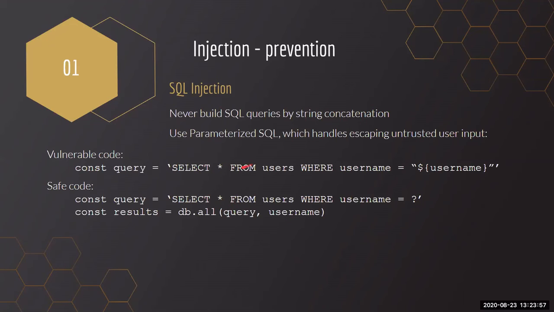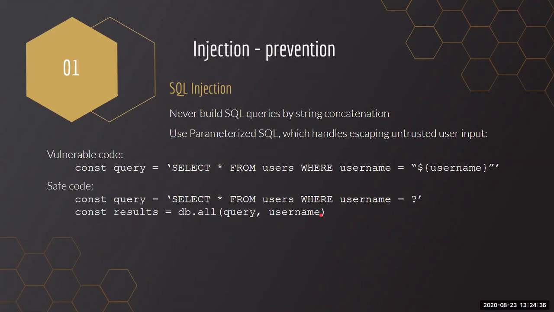The query is your full query string here. Basically, it looks at that, it sees the question marks, it knows that there's going to be user input in those places. So the first question mark in your query you would put as the first argument following the query to this method. Sorry if that's a little confusing, but the idea is that if you had 3 user input fields in your query, you would have additional arguments when you call db.all.